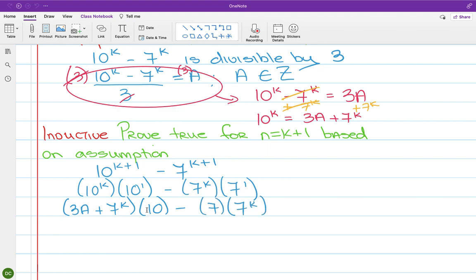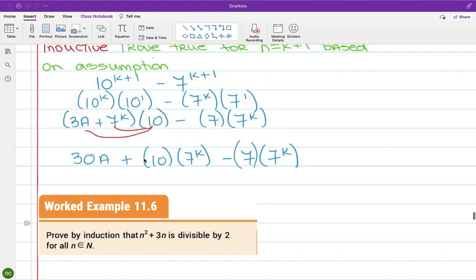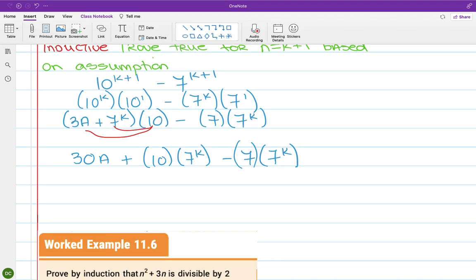This one I'm going to multiply out distributively, so I get 30a plus 10 times 7 to the k minus 7 times 7 to the k. Yeah, this is working.